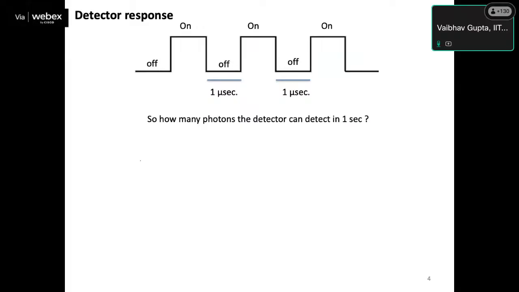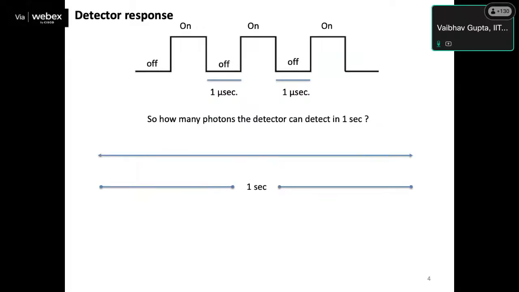So the question is, what is the maximum number of photons this detector can detect in 1 second? We want to know this because we already know that the laser source gives 10 to the power 15 photons per second. Now we want to know how much the detector can detect. So let's say this distance from here to here is 1 second.